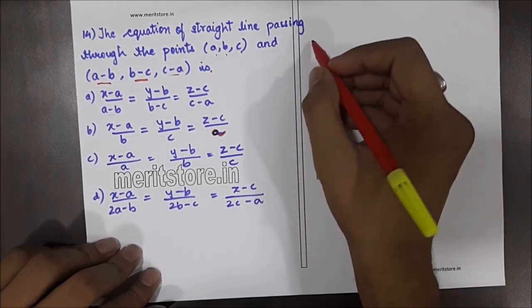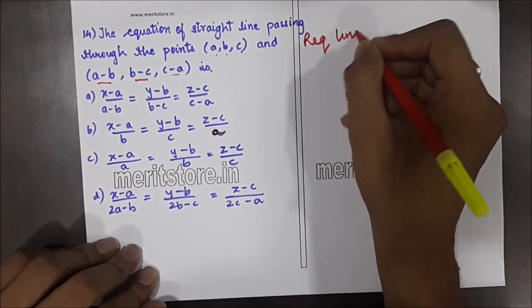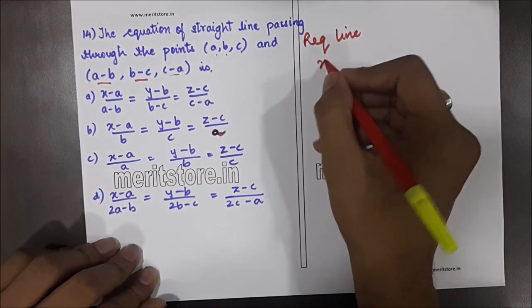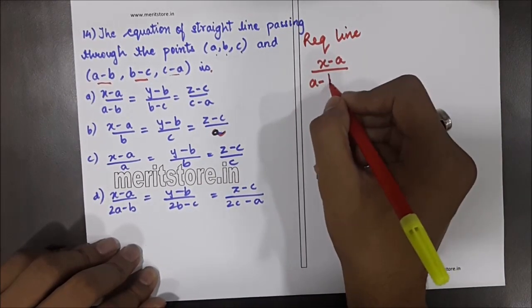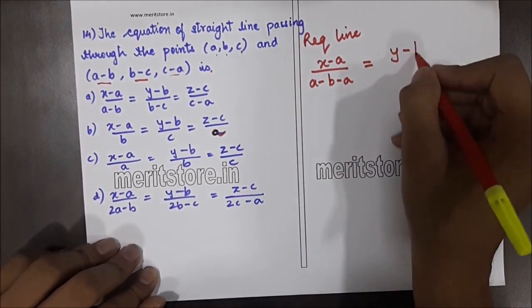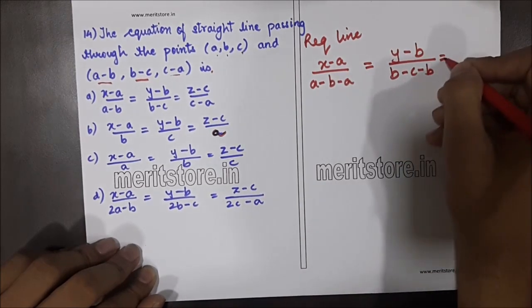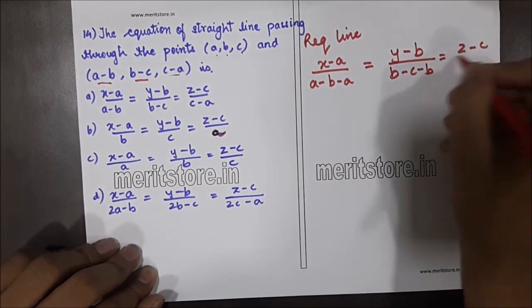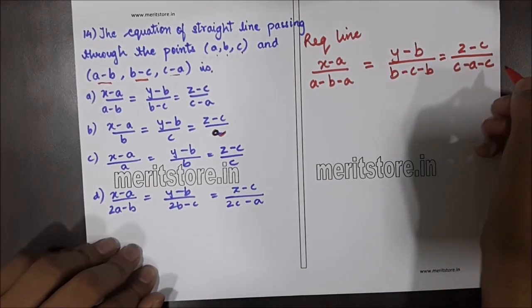Here the required line is x minus A upon A minus B minus A, which is equal to y minus B upon B minus C minus B, which is equal to z minus c upon c minus a minus c.